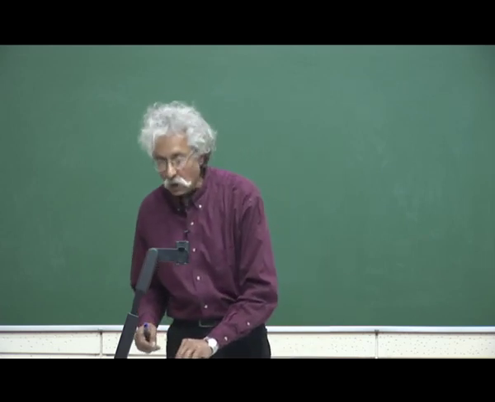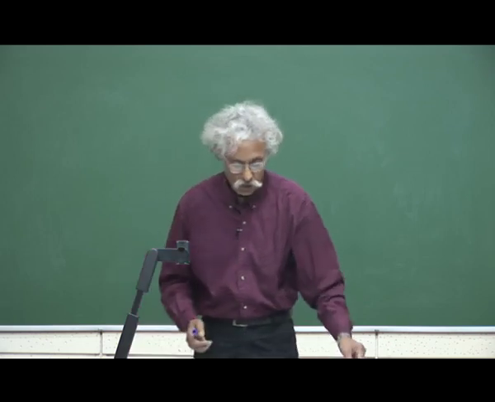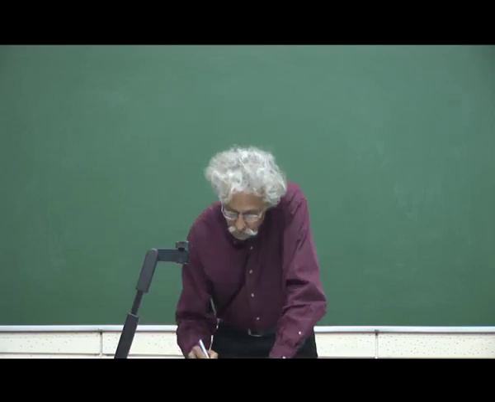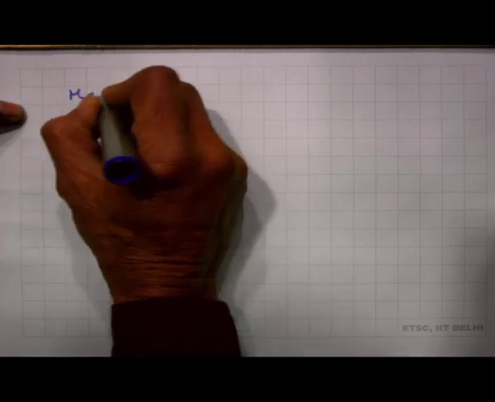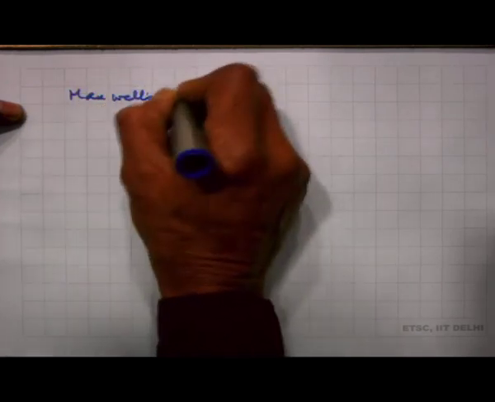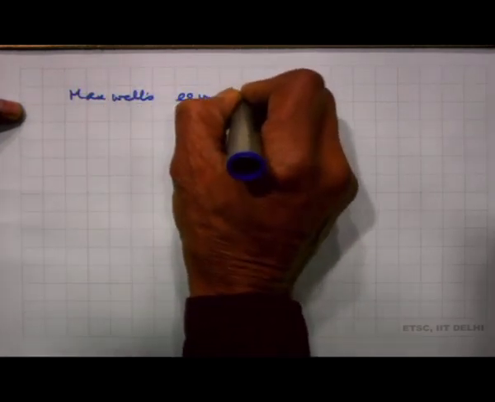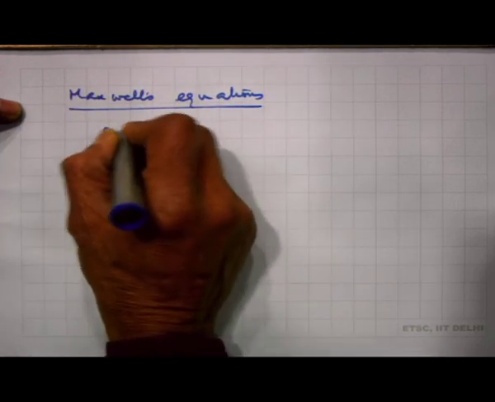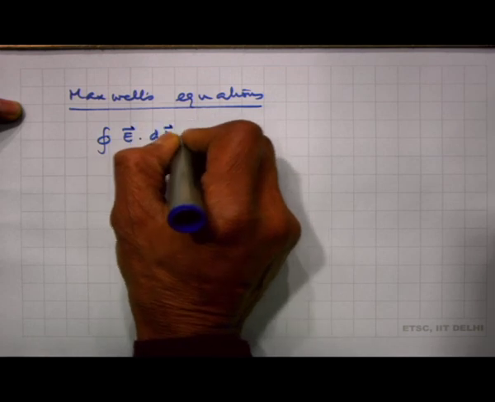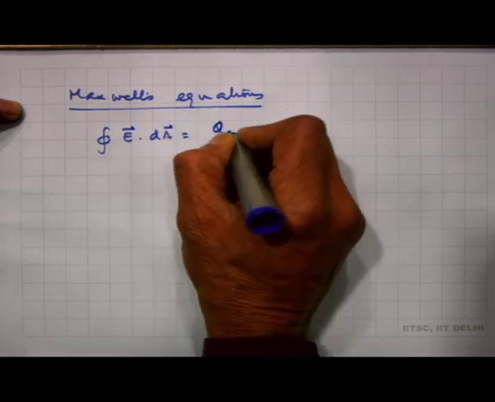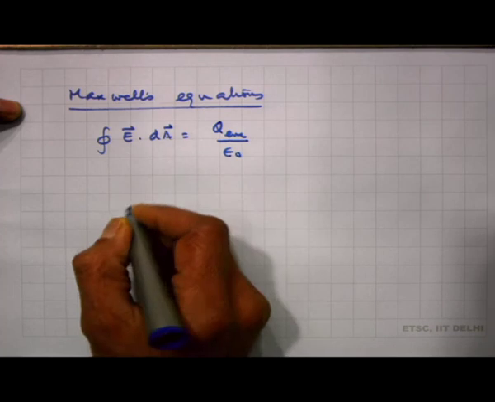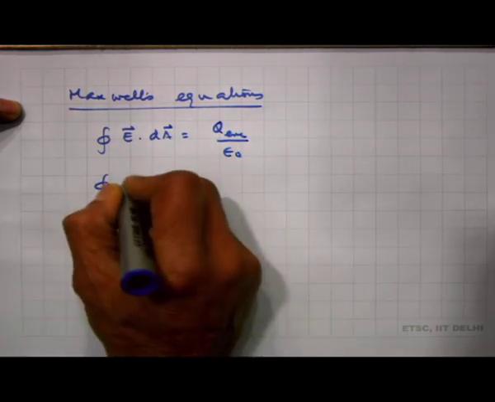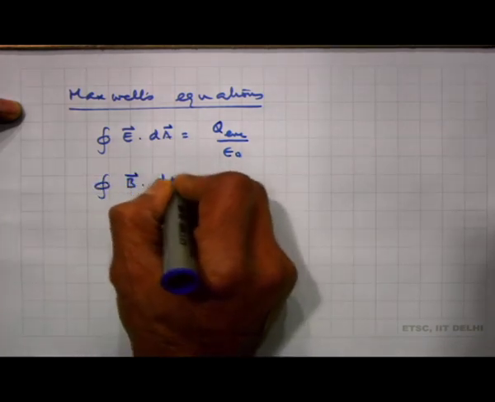So, let me just write down before we close the 4 equations that we have obtained till now, which are Maxwell's equations. Integral E dot dA is equal to charge enclosed by epsilon 0. Integral B dot dA is equal to 0.